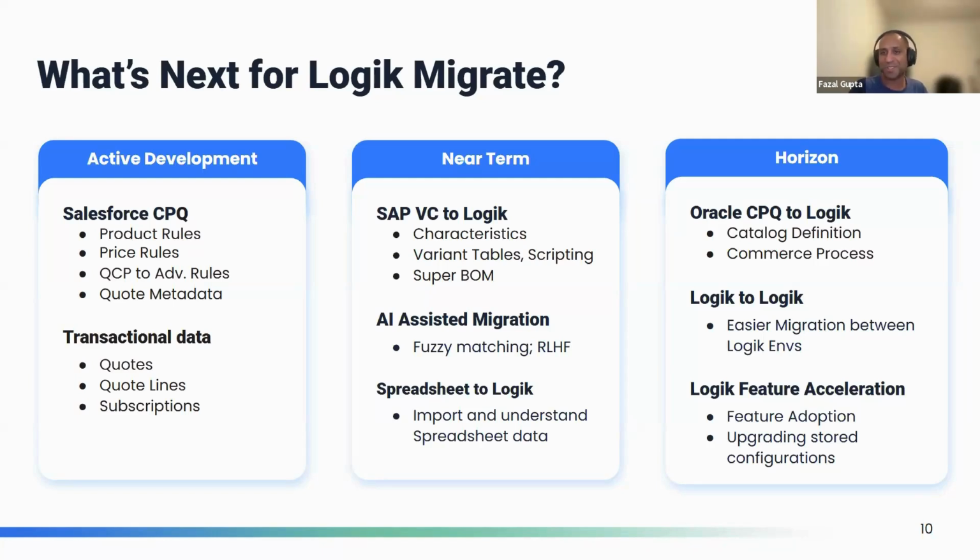We are welcoming those customers to join the program and see how this works for their own data sets. We are working on the pricing rule portion as well, because a lot of times configuration has a combination of pricing and product rules. So we already have those artifacts in development. We are also working on a code calculator plugin. Migrations take time. One of the key challenges is those customizations, which are loosely in the form of some code or scripts in many platforms.